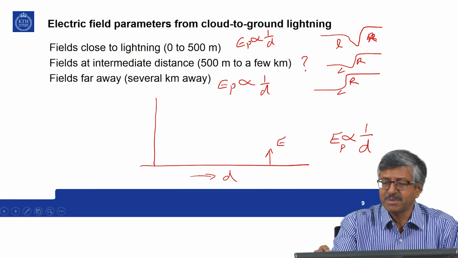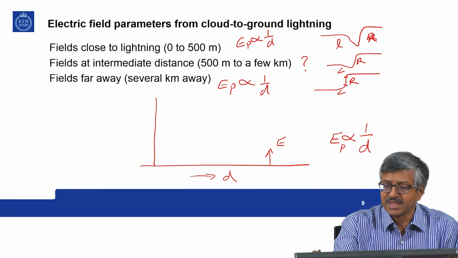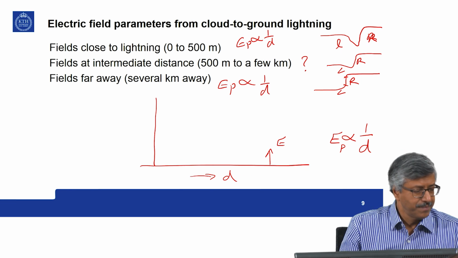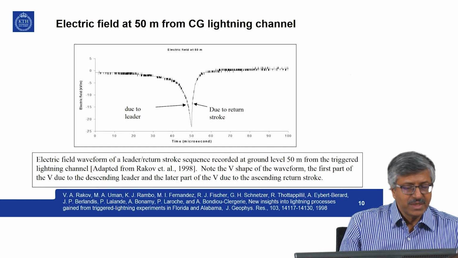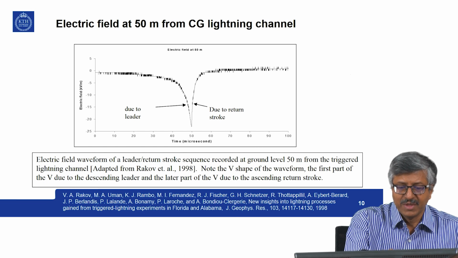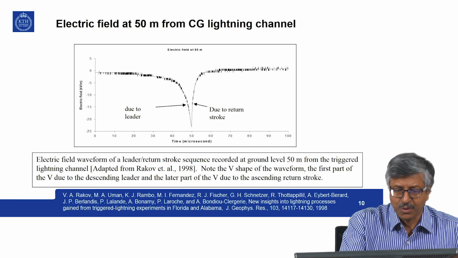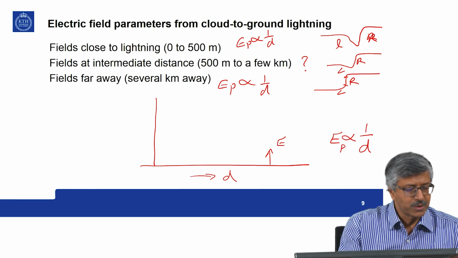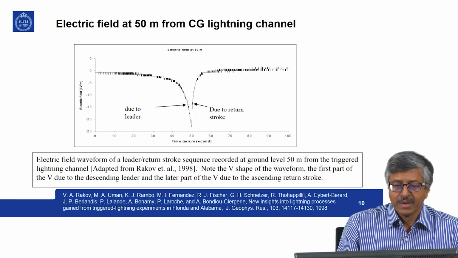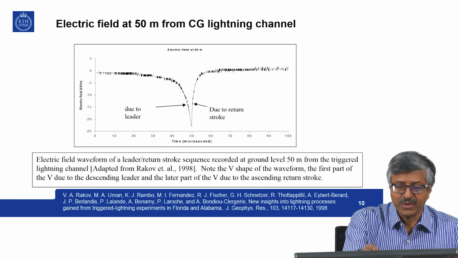So, even the wave shapes are different. So, we are mostly interested in this return stroke part. So, this narrow bipolar, the narrow bidirectional or narrow pulse is formed only when you are very close to the lightning. So, even before the lightning is striking, your structure will start responding to the leader fields.